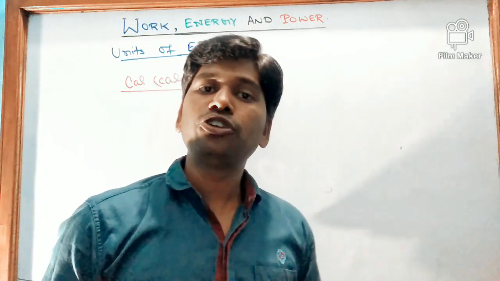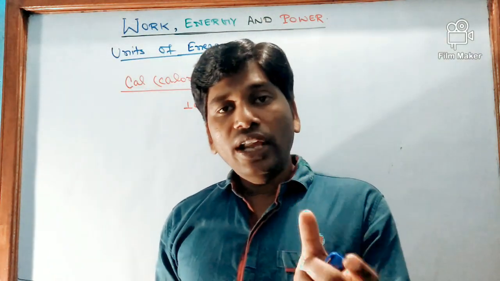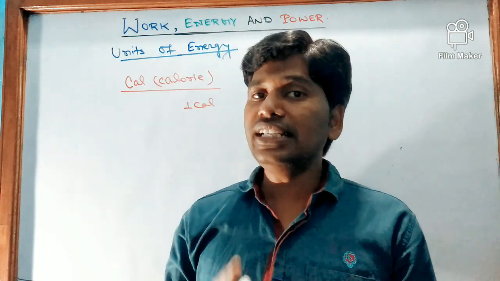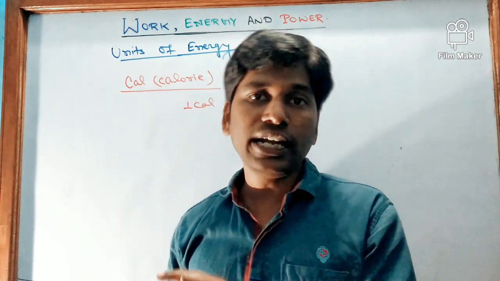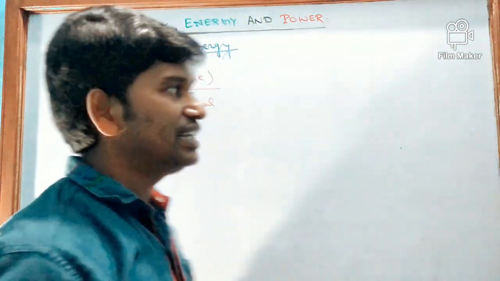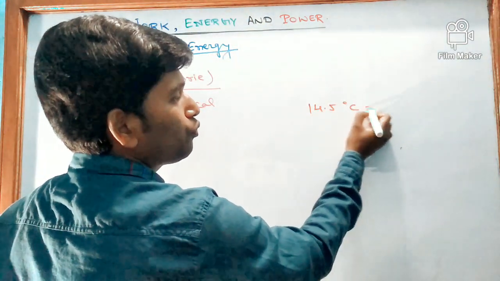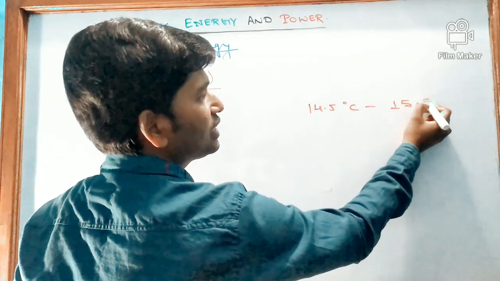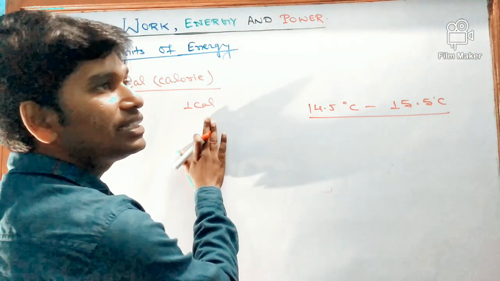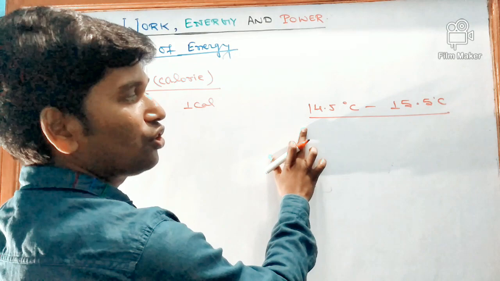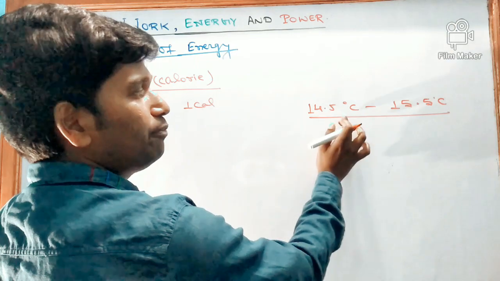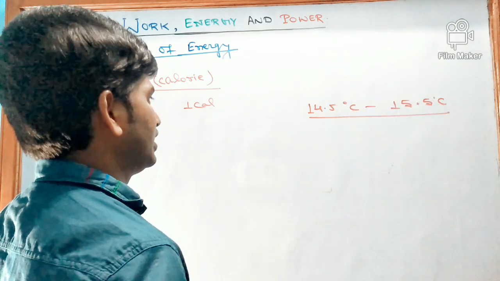How much energy is said to be 1 calorie? 1 calorie is the amount of heat energy required to raise the temperature of 1 gram of pure water from 14.5 degrees Celsius to 15.5 degrees Celsius.